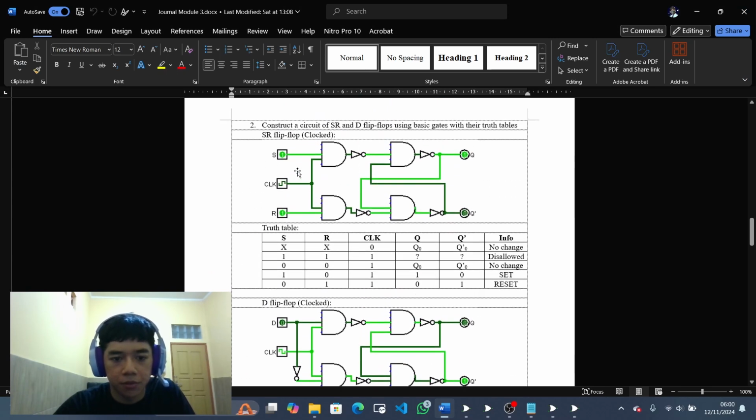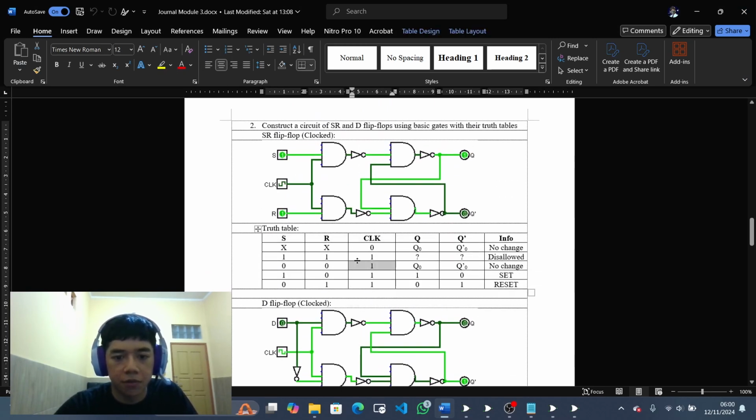Truth table. All right. Basically straightforward, almost the same as the previous one, but I've got to explain something. So X and X here means that it's like a don't care value in a Karnaugh map. So what does don't care mean?